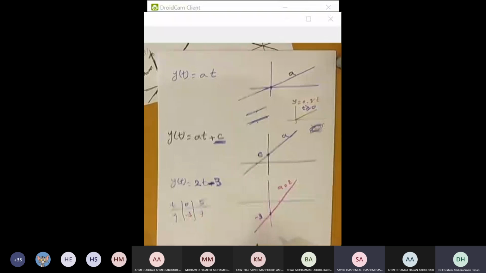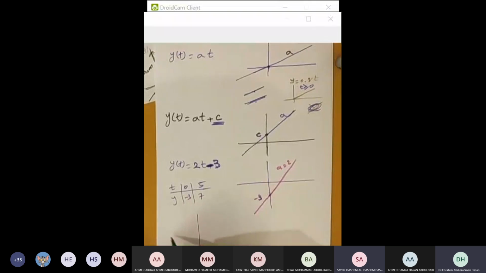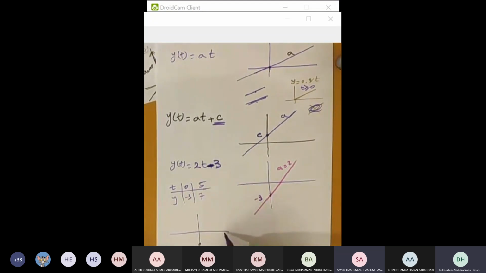So at t equal to 0, this is minus 3, and another point at 5 equals 7. If you combine these two together, you will get exactly the same line, which is the signal we are asking for.